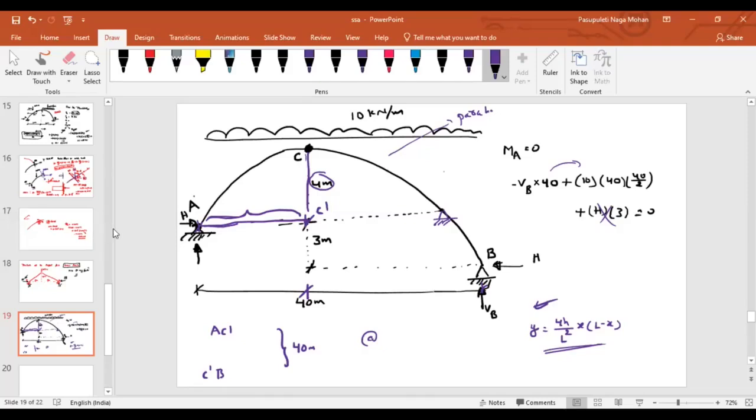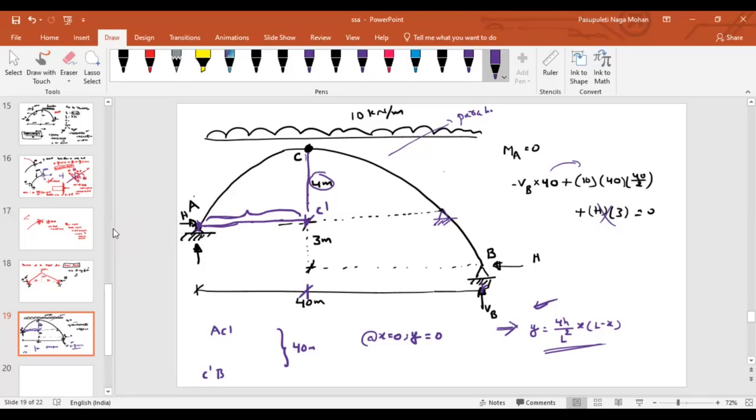Let us say at this point, what can I denote? At x equal to 0, my y is equal to 0, right? At point A, obviously my x is equal to 0. That means I can say that my y is also equal to 0. If I use this equation, will it help in any way?